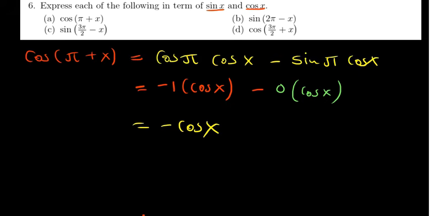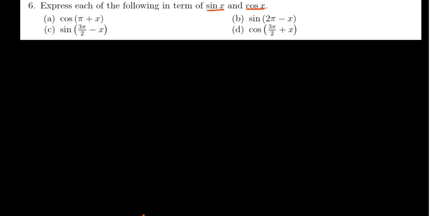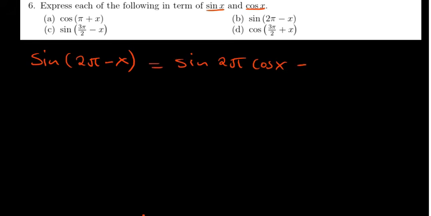Then you can go to the next one, which is b. We have sine of 2 pi minus x. Sine shares, it maintains the sign, so sine 2 pi cosine of x, the sign is maintained in between, and then sine will now apply to x, and cosine will apply to 2 pi.